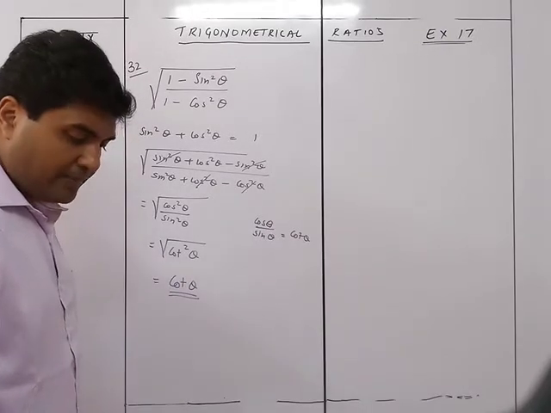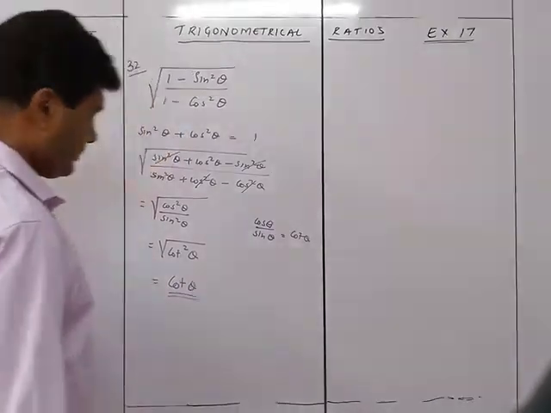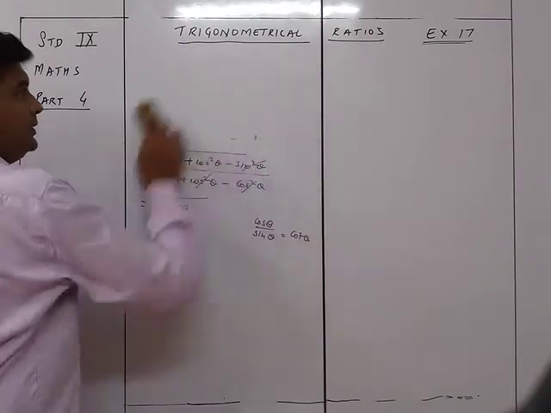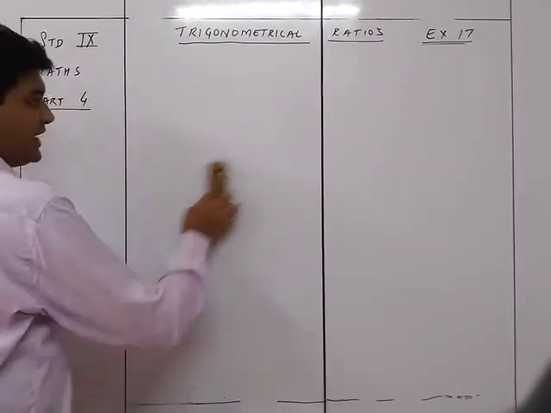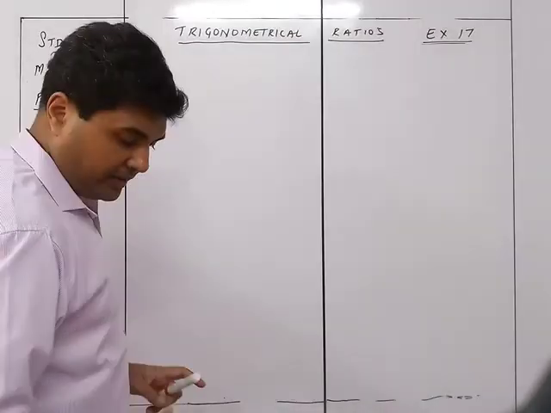We now move on to sum number 34, the last sum for the exercise and also the chapter. So let's see it clearly.